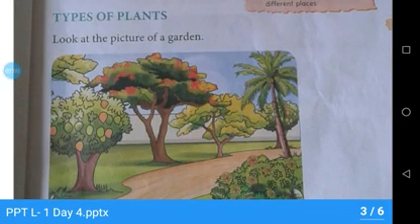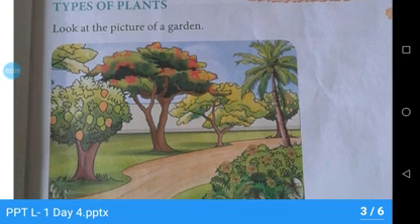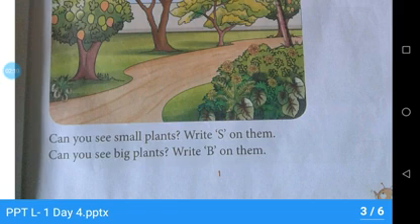Now first, types of plants. Look at the picture of a garden. Can you see small plants? Write S on them. Can you see big plants? Write B on them.